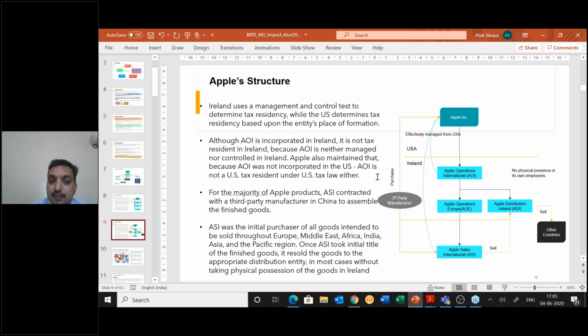Then ASI purchased these goods and then sold them throughout Europe, Middle East, Africa, India. They took the title of the finished goods and then they sold them to the appropriate distribution entity. And in most cases, there was no physical movement of these goods to Ireland. So these goods were all directly shipped to the distributors.